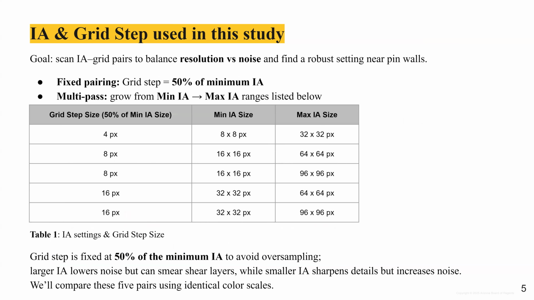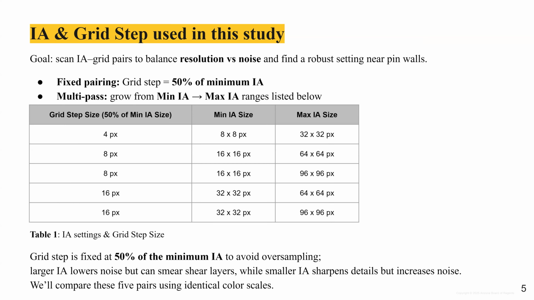The goal is to scan interrogation area and grid step pairs to balance resolution and noise, and to find the lowest noise setting near the pin walls. I keep the grid step at 50% of the minimum interrogation area to avoid oversampling, and the matrix covers small, medium, and large windows from 8 by 8 up to 96 by 96 pixels with grid steps of 4, 8, and 16 pixels.